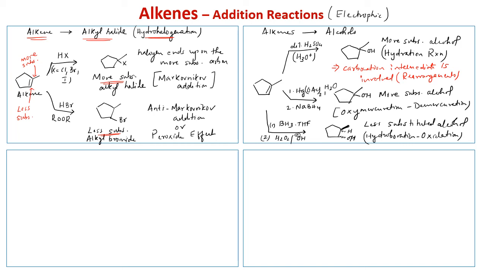Okay, the next set of reactions here are converting an alkene to an alkyl dihalide. This is a halogenation reaction.